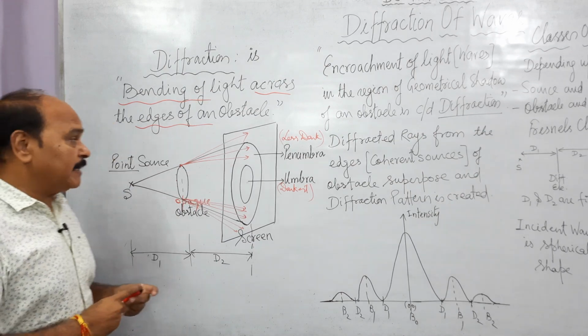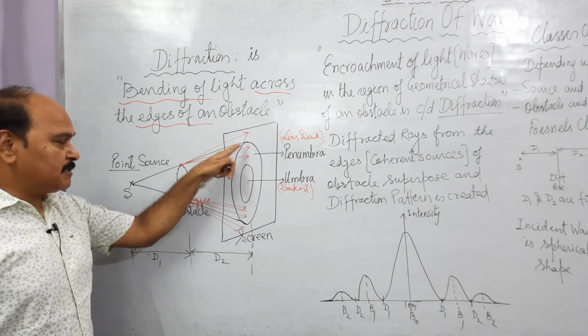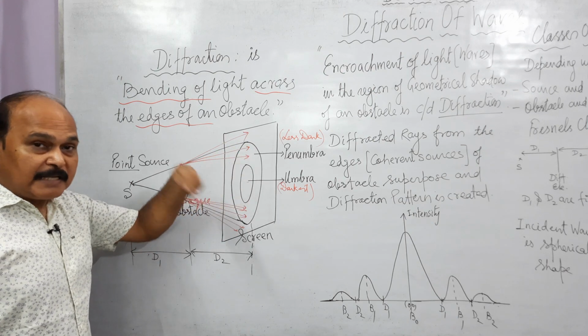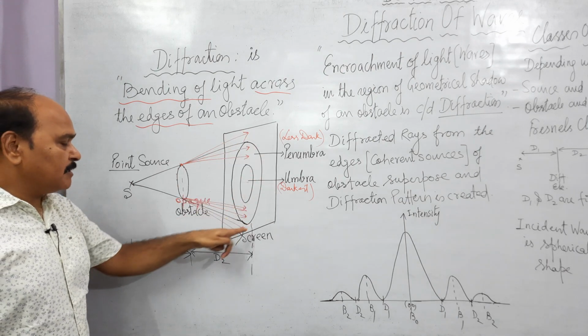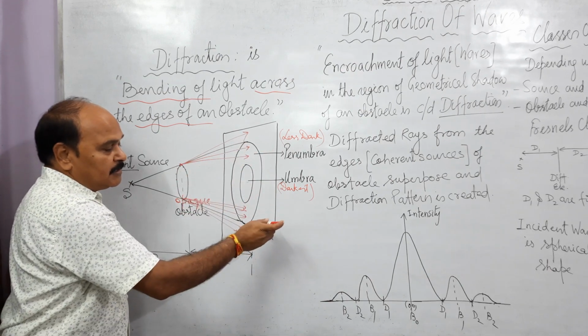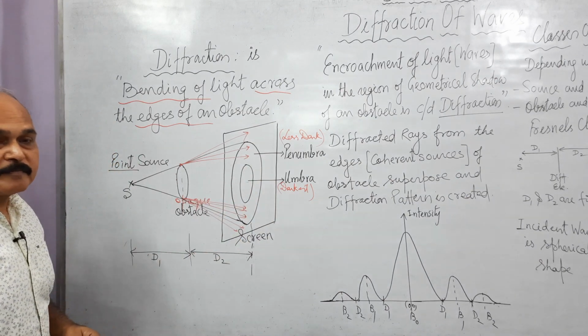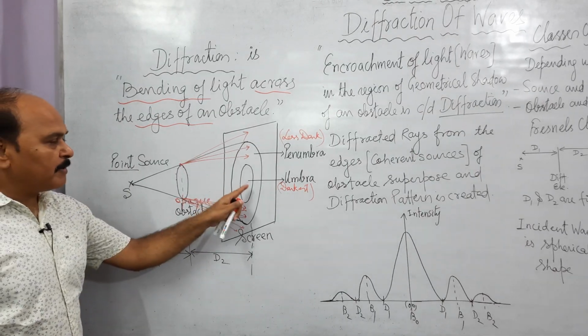So this very small intensity does create some effect, making this region of the shadow less dark, but the outer part of the geometrical shadow remains as bright as it was. So this is umbra and penumbra.